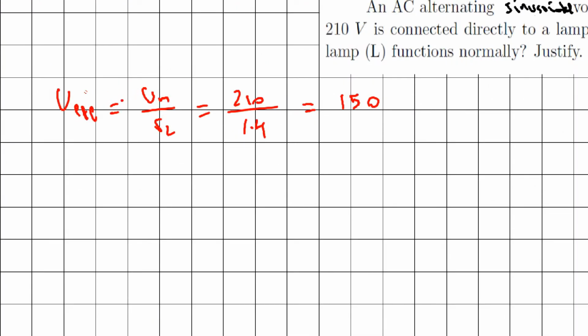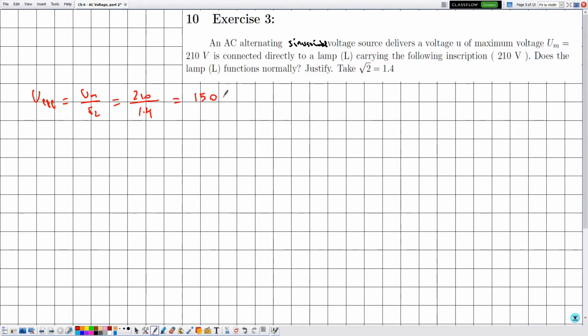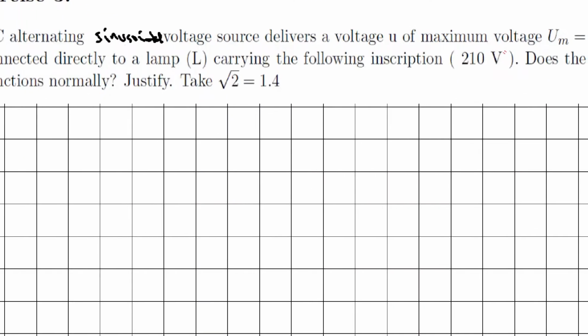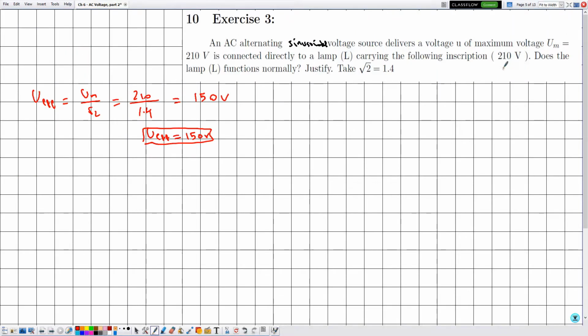Since UM is expressed in the SI, which is volts, then U effective will be expressed in volts. Now, after we have determined the effective voltage, we are ready to describe the functioning of the lamp. So notice that in this case, U effective, which is 150 volts, is less than the rated voltage of the lamp, which means that the lamp may not function or function weakly.